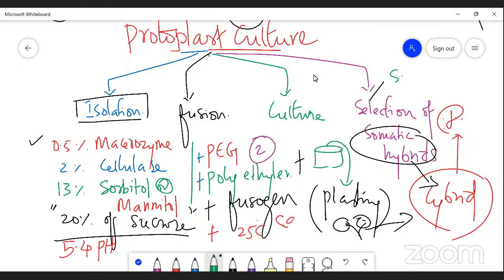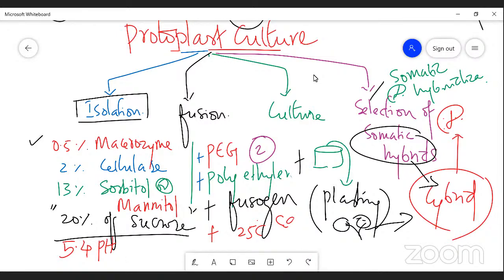Somatic hybridization. Please, it is a very interesting area. Okay, let us see what somatic hybridization is.